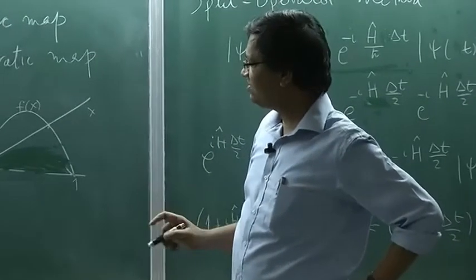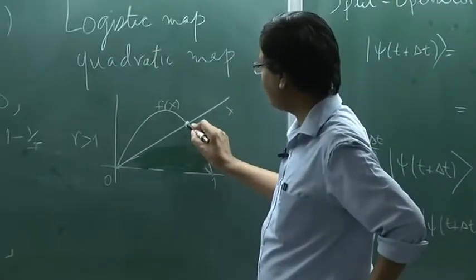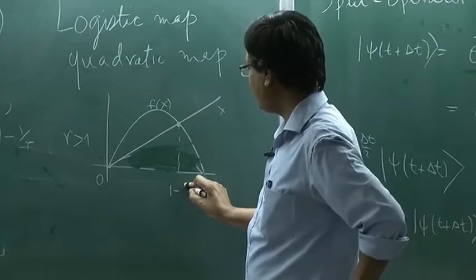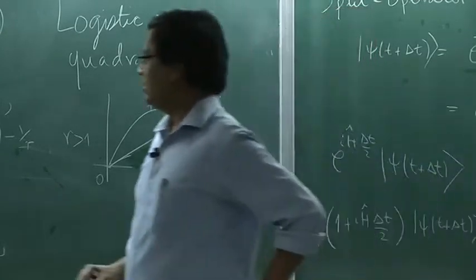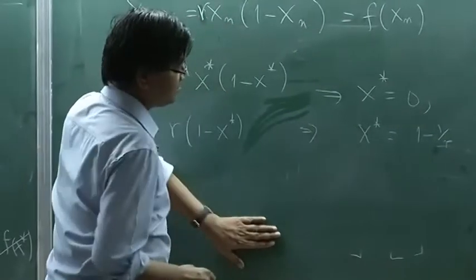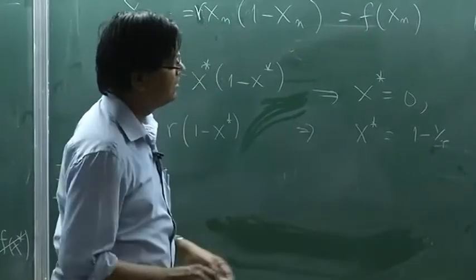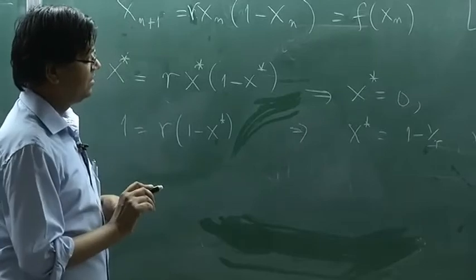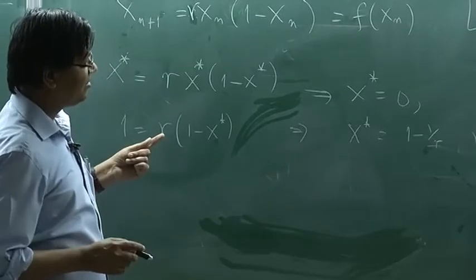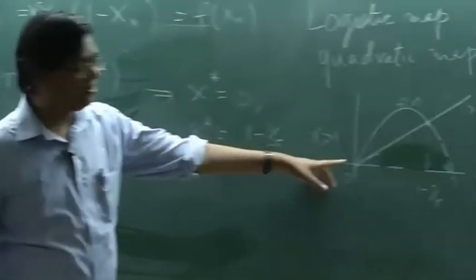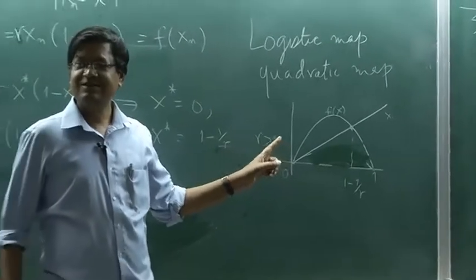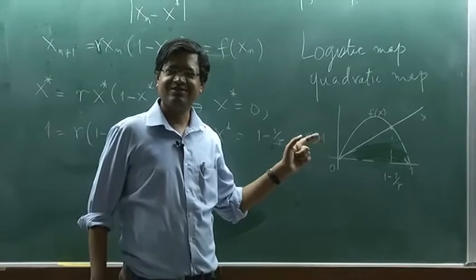So there are two solutions, 0 and 1 minus 1 by r. Okay, so let us look at 0. Is 0 a stable solution or an unstable solution from the picture?